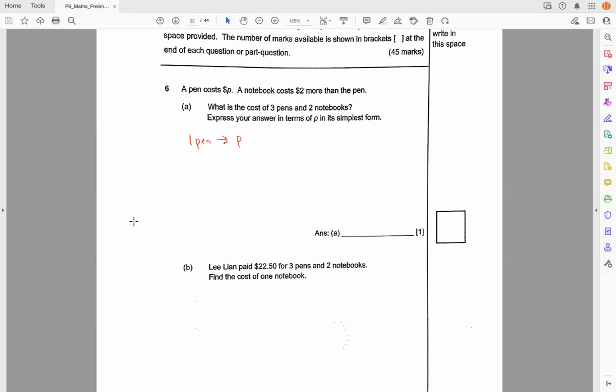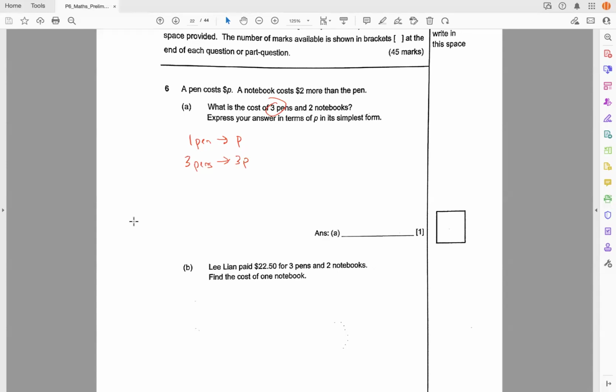So I write 1 pen, arrow P. If you want to write equal, I need to write the price of a pen equal $P. You got to describe the whole thing. Okay, but of course, you're not going to waste your time describing, right? So just 1 pen, arrow P will do. Okay, thank you. 3 pens, because they wanted 3 pens, right? 3P.